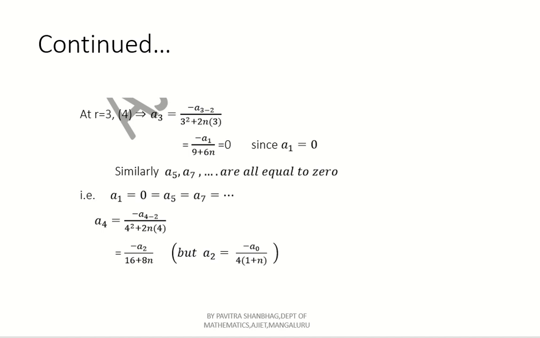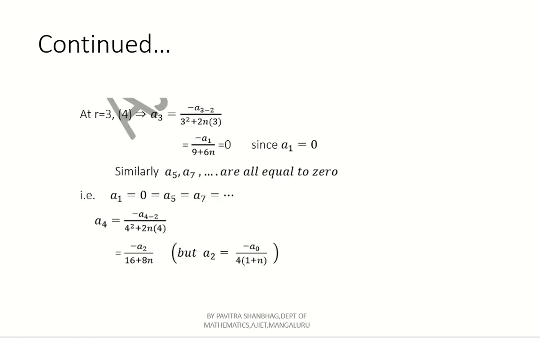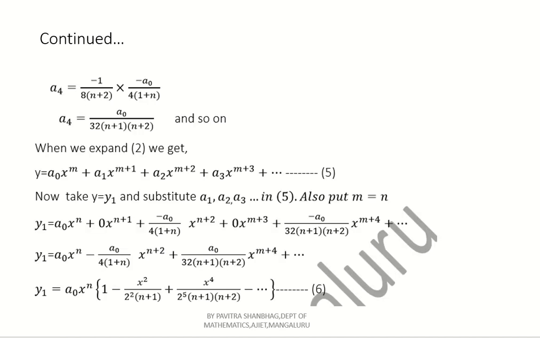We have proved it in the previous slide: a2 is nothing but minus a0 by 4 into 1 plus n. You have to replace it back in the next expression.